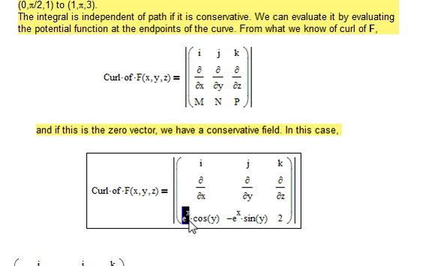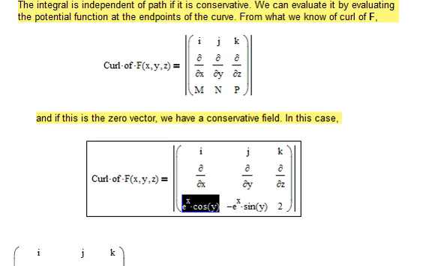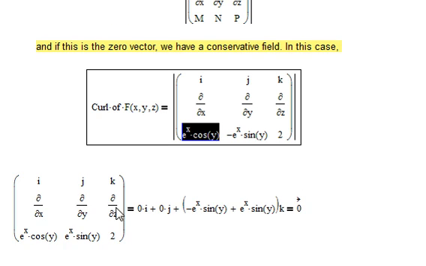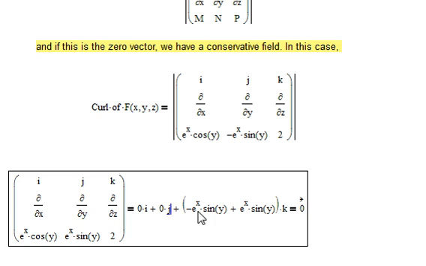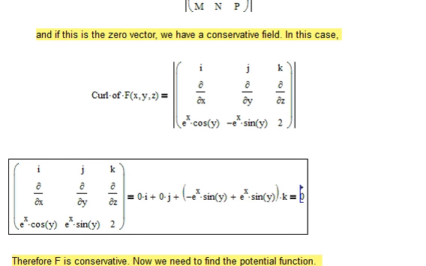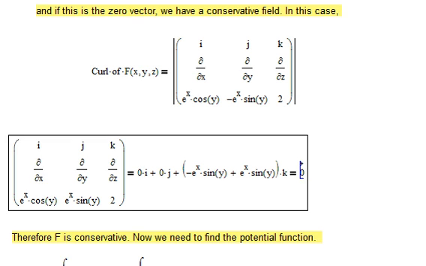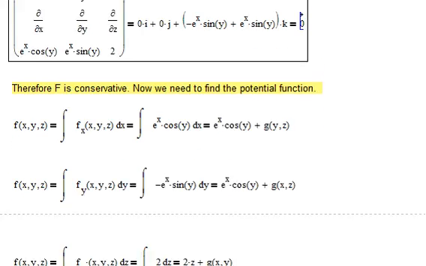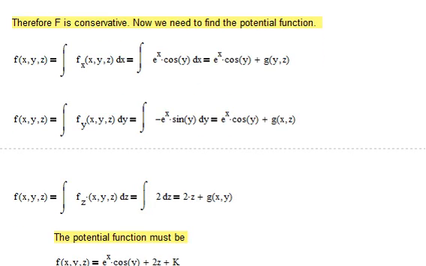The partial of this one with respect to y is going to be negative sine of y, but since we're subtracting it, it'll be positive e to the x sine of y. Notice that what we got is 0i plus 0j minus e to the x sine of y plus e to the x sine of y, so that's plus 0k, which is a zero vector. Yay! It's conservative! So now that we know that it's conservative, we've got to find a potential function. Next video.